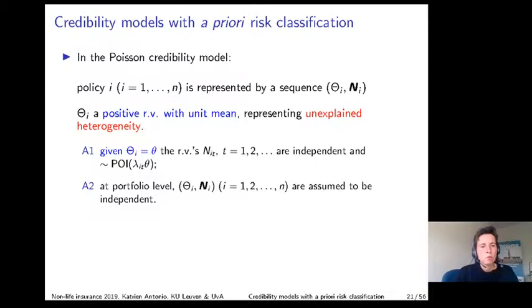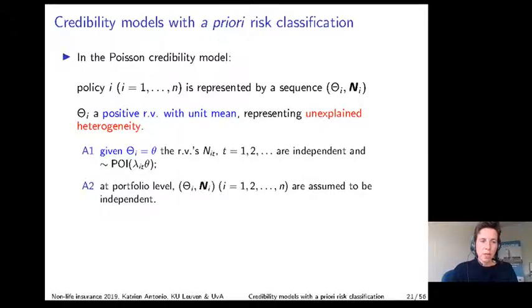Two assumptions are postulated in this Poisson credibility model. Assumption 1 states that given an observed value theta for the random risk variable theta_i, the random variables N_it are independent and follow a Poisson distribution with parameter lambda_it times theta. At the level of the portfolio, the sequences (theta_i, N_i) are assumed to be independent.